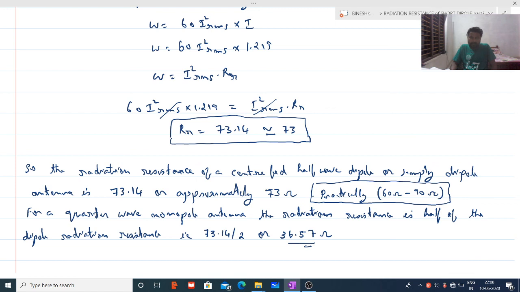But the radiation resistance of the monopole antenna will be in the hemispherical direction. In practice, radiation resistance is a function of height above the ground, and the 73 ohm will have a tendency to come down, and generally it may range anything between 0 to 90 ohm. That is why I call the practical case 60 to 90 ohm.